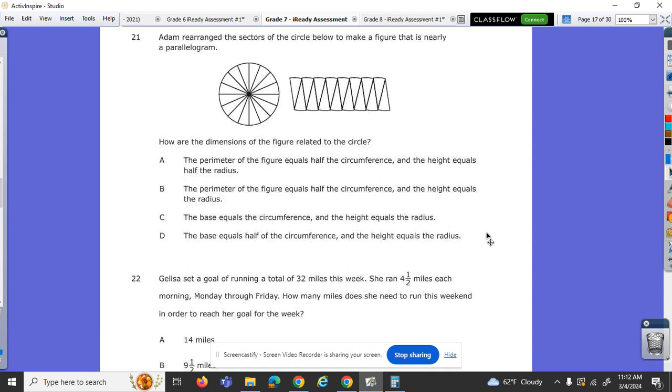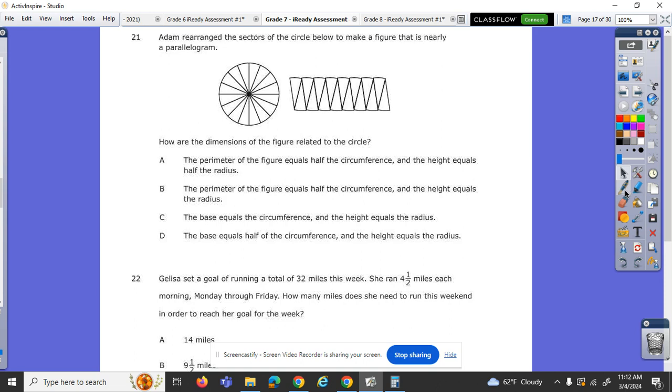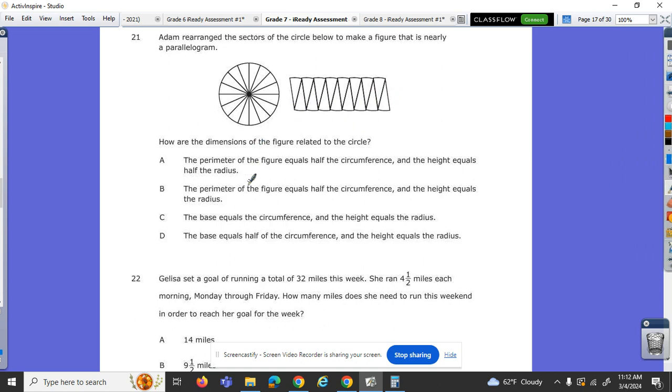So in other words, if I took apart a circle and made it into kind of a parallelogram shape, I'm going to think about what that relationship would look like. If I go around the circle here, I have 16 sections.